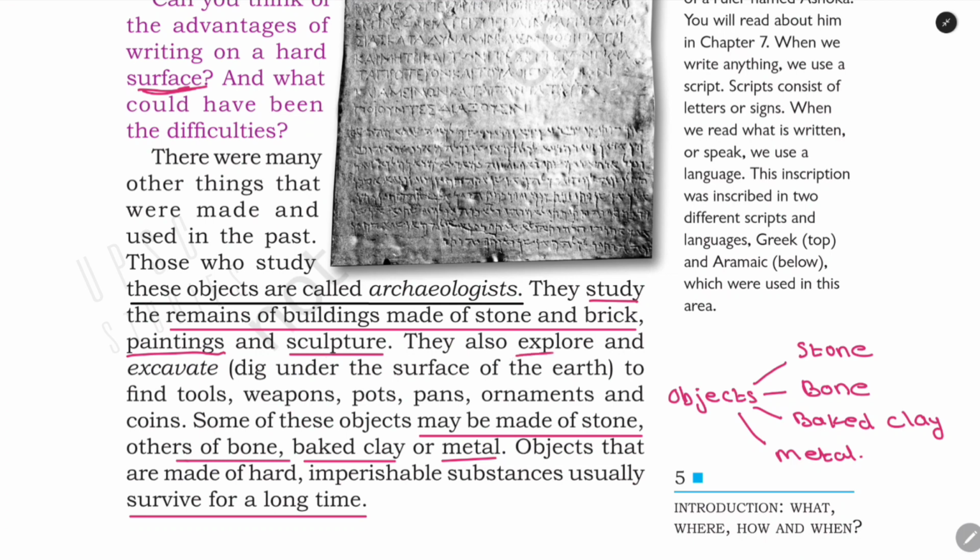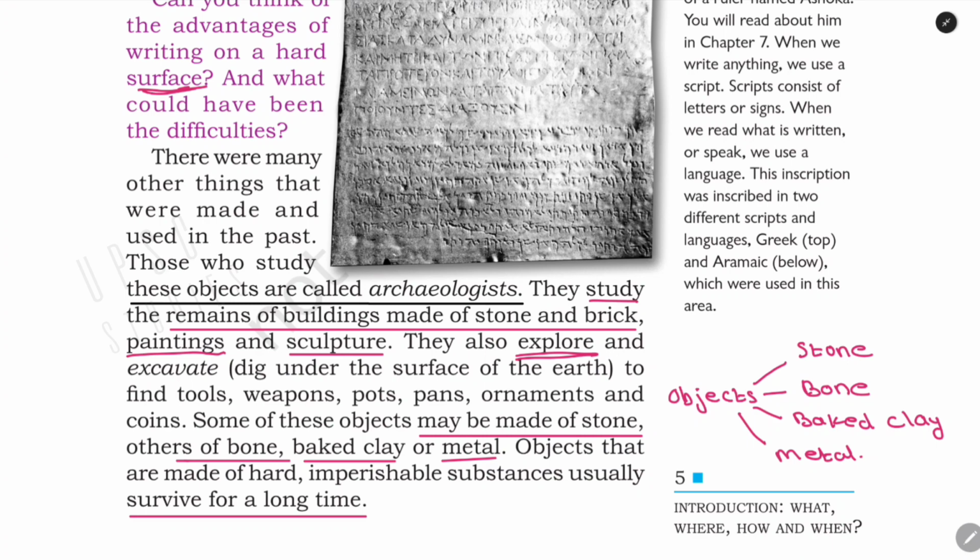So they explore these things. They excavate, digging under the surface of the earth, and they may find tools, weapons, pots, pans, ornaments and coins. These are objects that were used by ancient people.